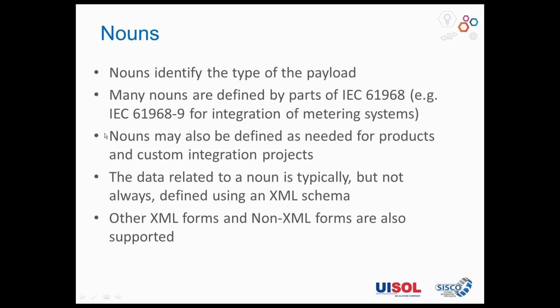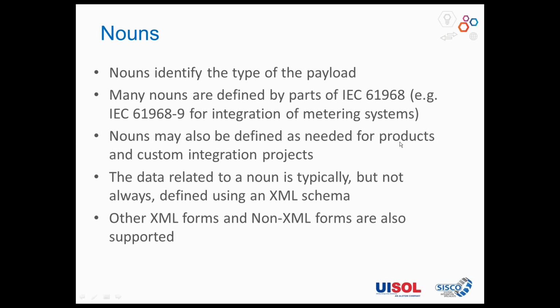When I'm out in the industry doing projects, what I discover is sometimes the nouns that are the payloads provided within the standards, or the contents of those payloads, may not be sufficient. So we may have to extend them. We may discover that we've got a use case for a payload that doesn't exist in the standard, so we have to create a new payload, which would give us a new noun.